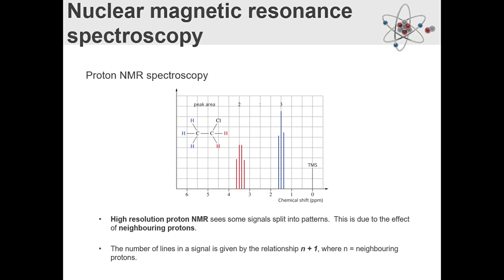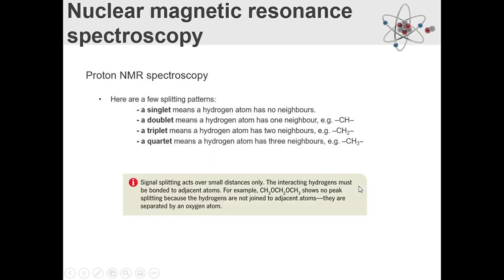Now, here are a few splitting patterns. A singlet means a hydrogen atom has no neighbors, aka 1 peak, not split, 0 hydrogens next to it. A doublet means a hydrogen atom has 1 neighbor, aka it's next to a CH group. A triplet means a hydrogen atom has 2 neighbors, CH2, and a quartet means a hydrogen atom has 3 neighbors, CH3.